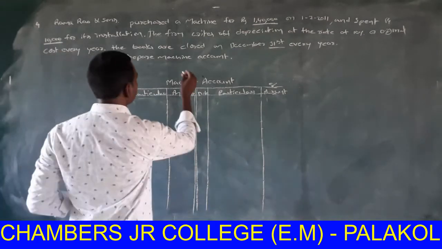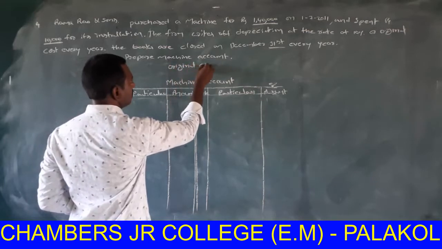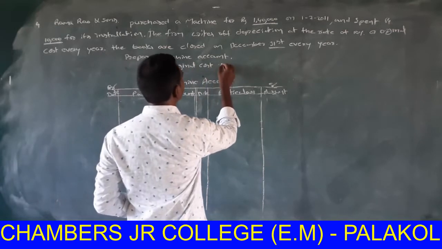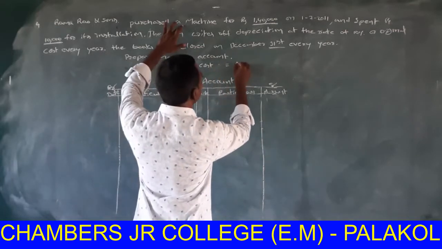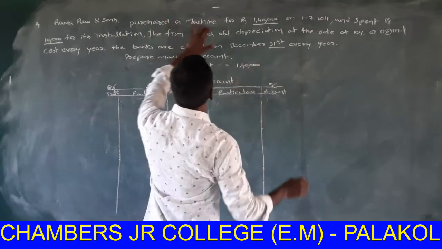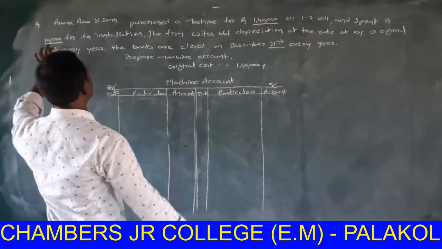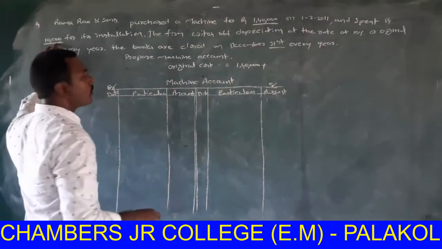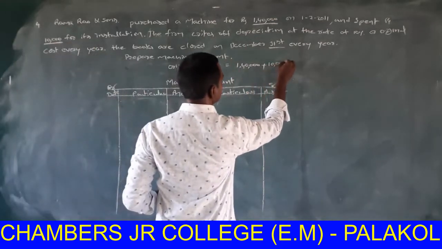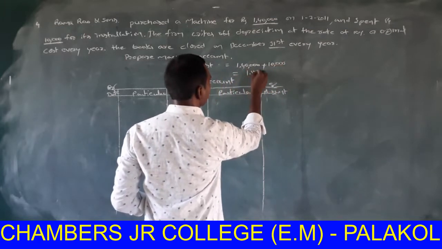Here the original cost of the machine is equal to the purchase price, that means purchase price 1,40,000 plus rupees 10,000 spent for installation expenses. 1,40,000 plus 10,000 is 1,50,000.